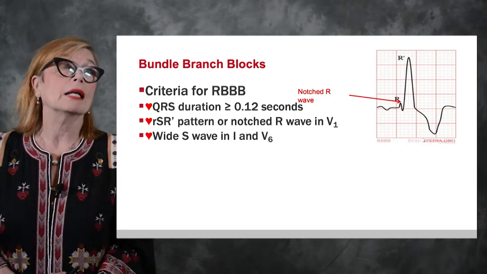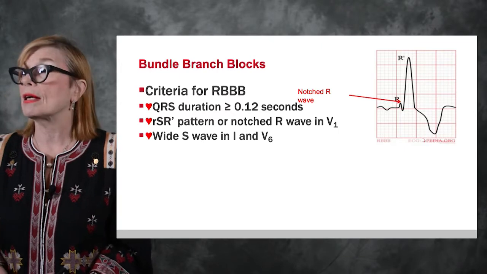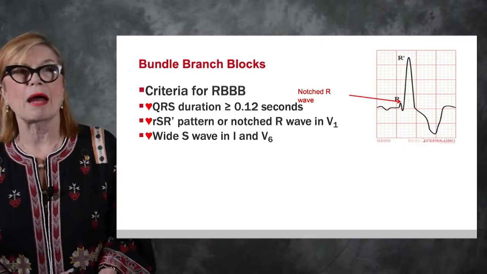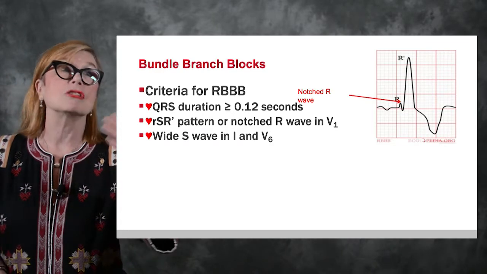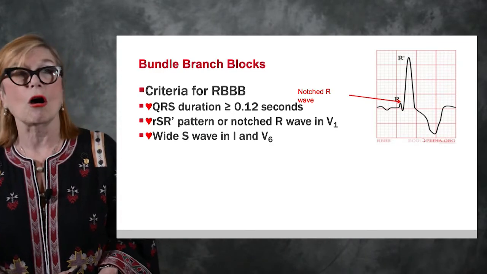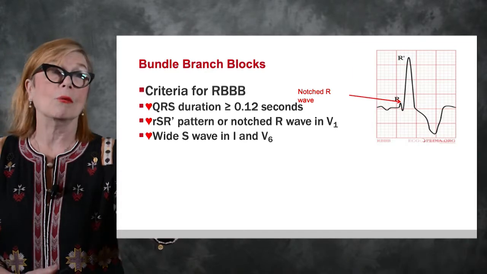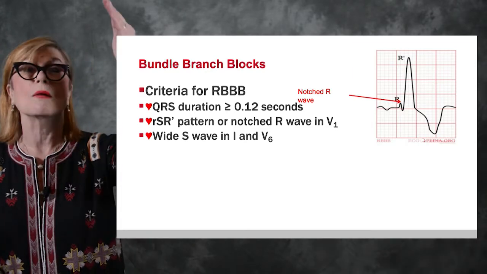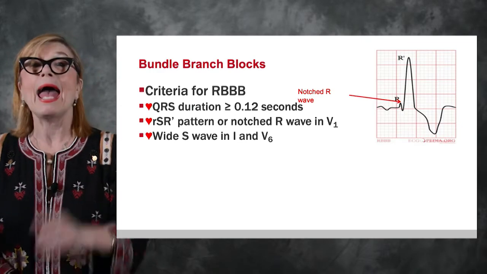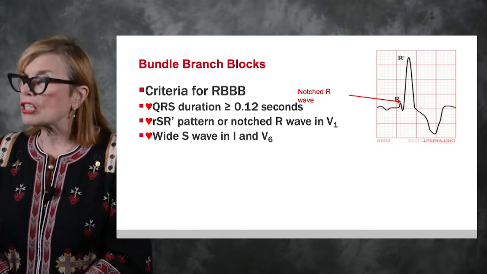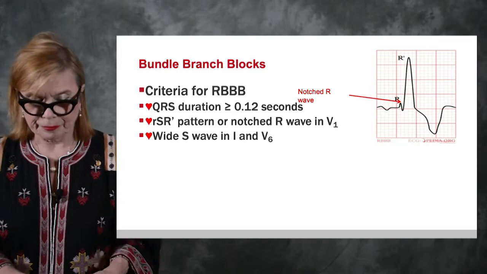Sometimes we see a little r and a second r, that's known as RSR prime. Sometimes people call that right rabbit ears, not me, I don't like that term. And most of the time patients don't actually present with RSR prime, meaning you have an R wave, a little wave that goes downwards, and then one that goes upwards, RSR prime. But we can see it's wide, and by the way, you can see that the T wave is inverted.